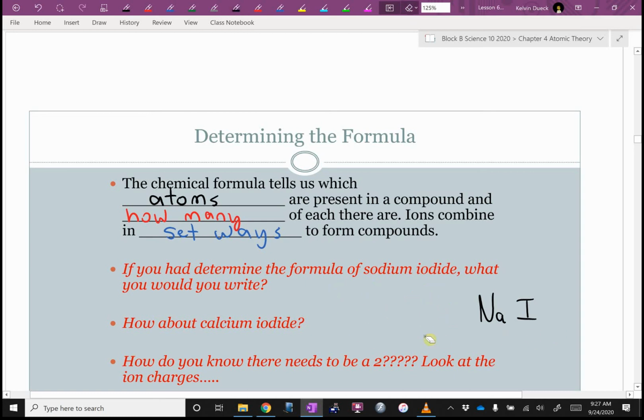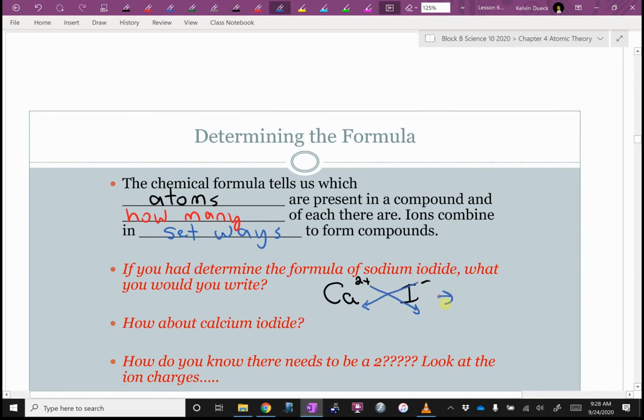Look up. What if I wanted to write calcium iodide? And this is the work I typically just do in the margin. I would write down Ca. What's the ion charge on calcium? 2 plus. I would write down I and negative. And then the crisscross rule says that's going to move there.